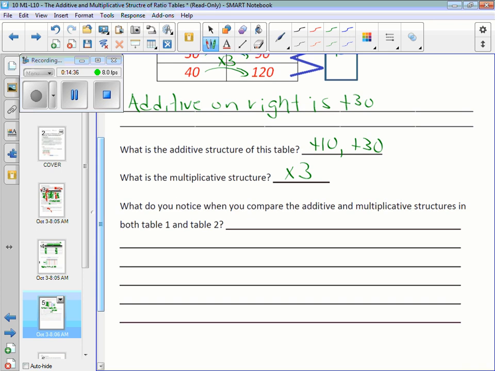Going back to table 1 for a minute. Put down table 1. What was the additive structure of that table? Antonio? Of just table 1, the additive structure for each column, yeah. Go back and look at it if you have to. Order matters.